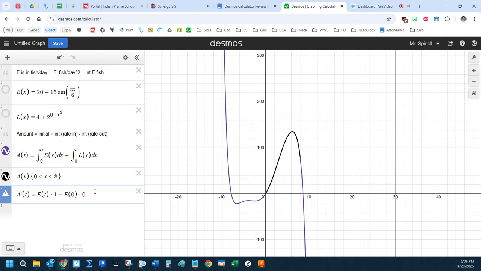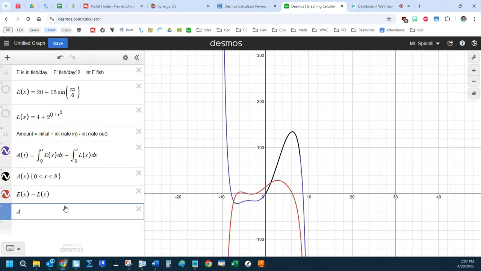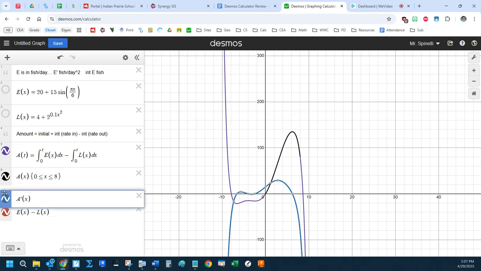So really, a prime of t is E of t minus L of t. And I will show you that that is in fact the case. So here's E of x minus L of x graphed, and that is going to be the same as a prime of x, which you can see just popped right on top.